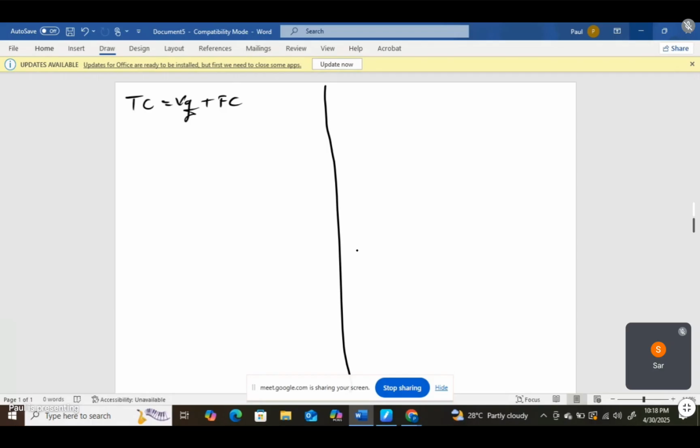And the variable cost is the variable cost per unit times quantity, and the fixed cost will always be given. So if they say total cost, this is what comes to mind. And this is the equation of a line, a linear equation, which looks like this. You should always remember.